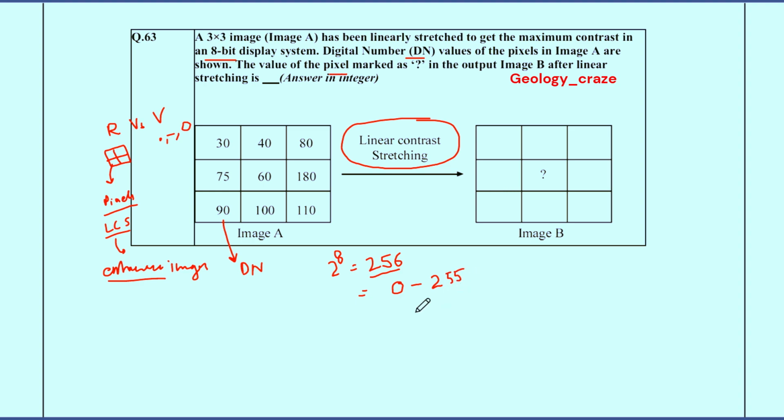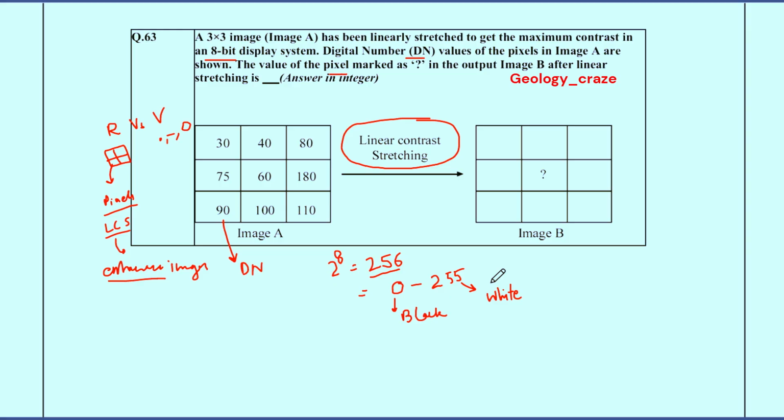Counting 0 as the first value, from 0, 1, 2, the total comes to 256. 0 will represent black, and the higher value 255 will represent white color in the image. Hope from this you will answer that question.